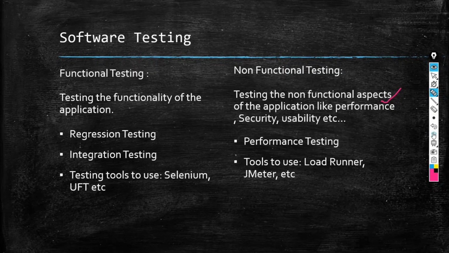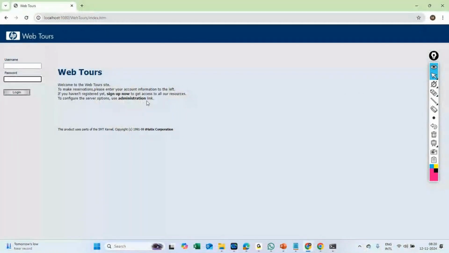For example, on the same UI, I want to test the login functionality and how it is performing. Previously I tested whether the user was able to log in successfully or not, when the user entered the correct username and password and clicked on the login button. Whether the user was able to log in or not is what we verified in functional testing.